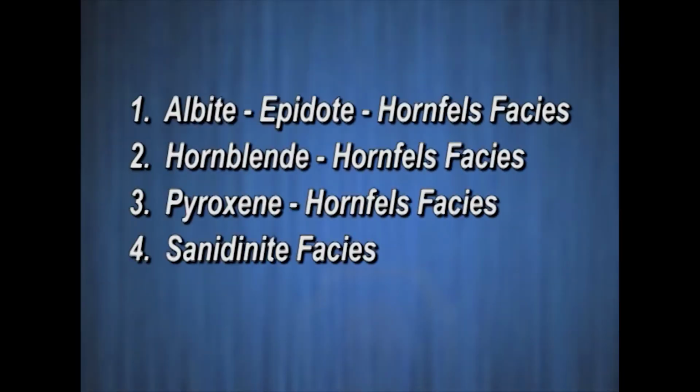The Abukuma type is named after the Abukuma region in Japan and is similar to the Buchan type of the Dalradian. The facies of low pressure are listed below in order of increasing temperature of metamorphism, that is, first Albite, Epidote, Hornfels facies; second, Hornblende, Hornfels facies; third, Pyroxene, Hornfels facies; and fourth, the sanidinite facies.